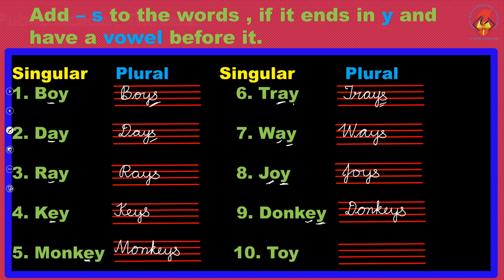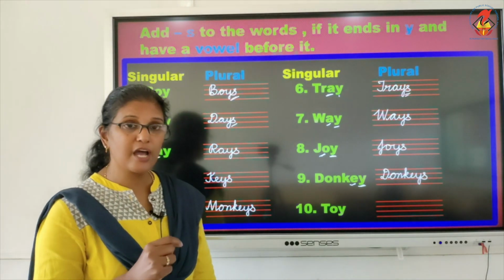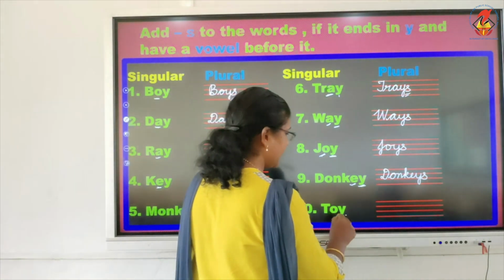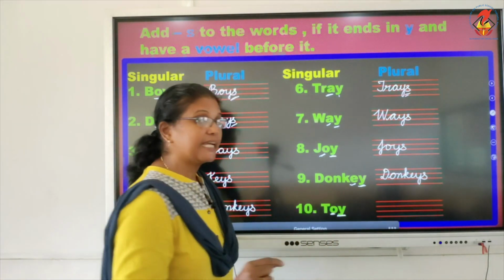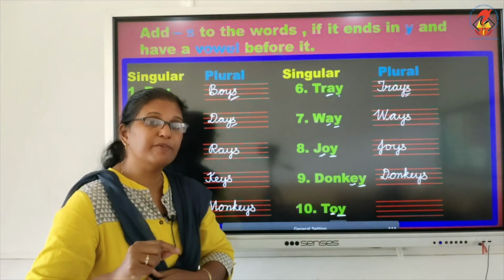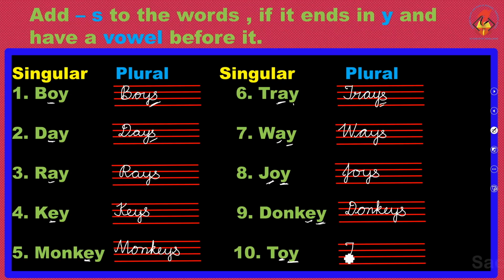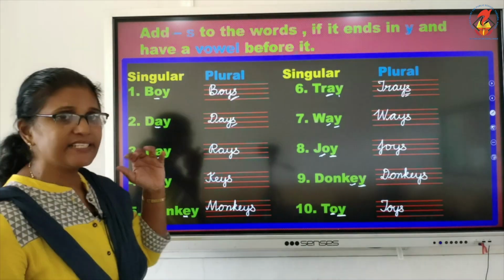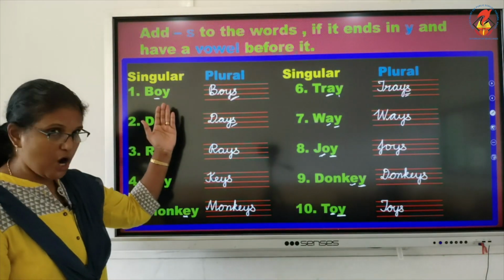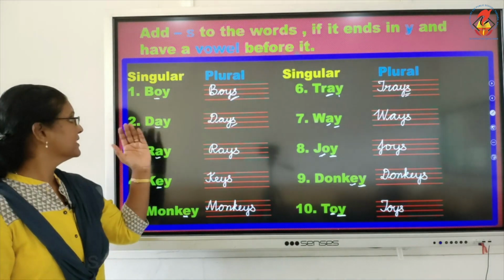D-O-N-K-E-Y-S. Donkeys. Next, the last word in this is toy. It's having Y at the end, but it also has a vowel before it. So what are you going to write? Just going to add S to the given word to make it plural. Now children, let's read these words. Boy, boys.